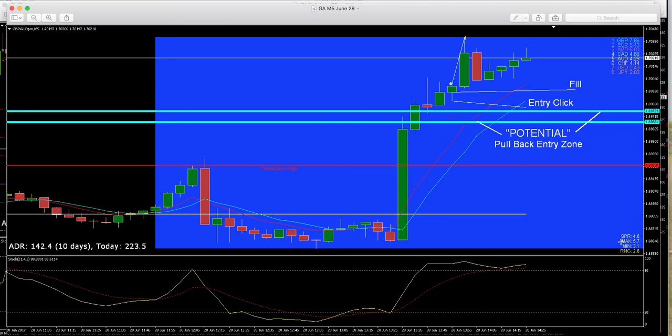I think when I got in, it was actually about 6.5, close to 7 pips. And the entry that I clicked in was right here. That's why I wrote down click entry. But by the time it was filled, it was up about here. And then with the spread, it got me in right here. That's just part of the deal.